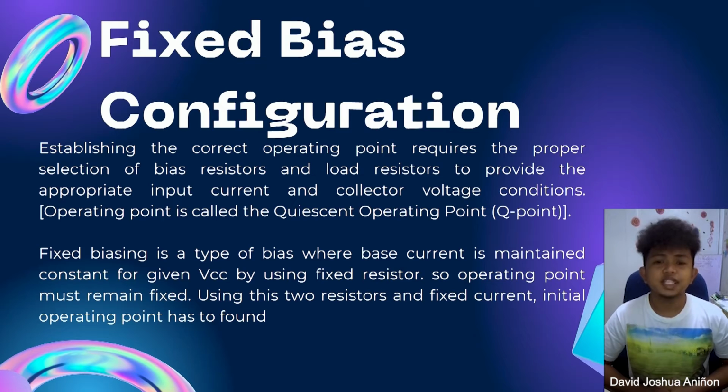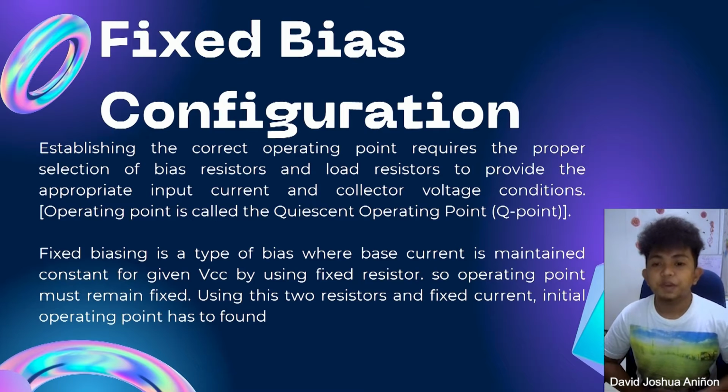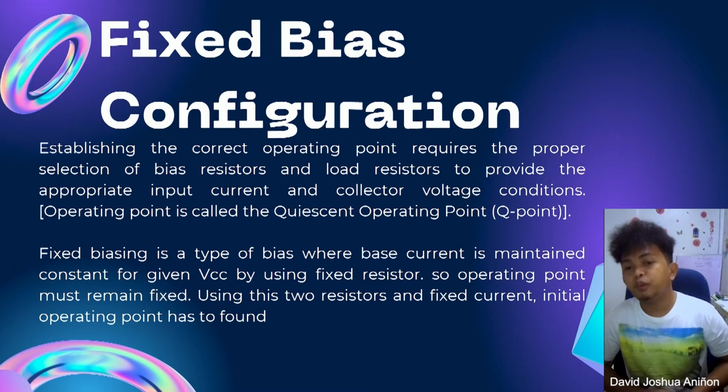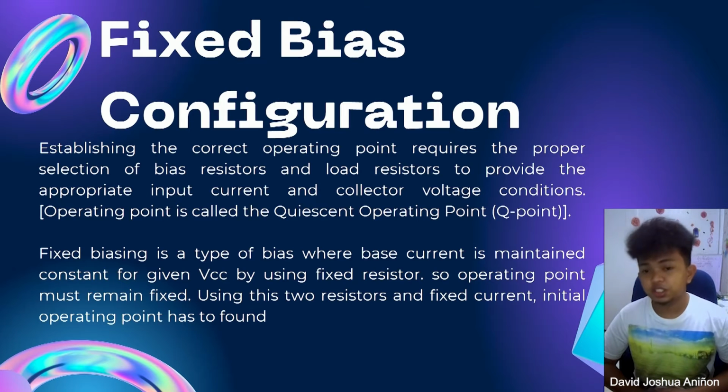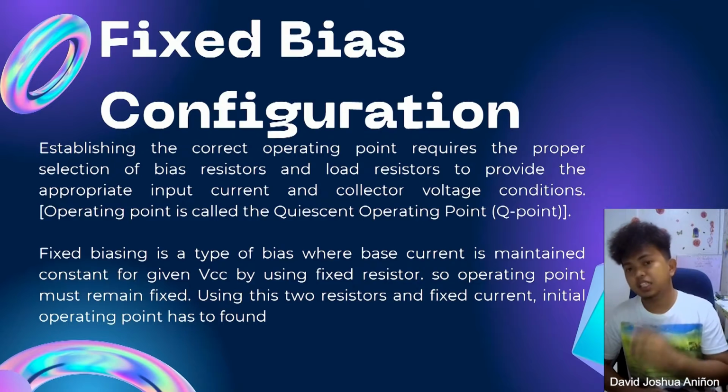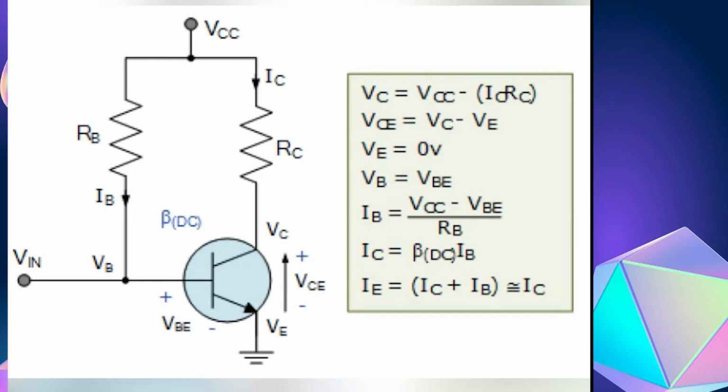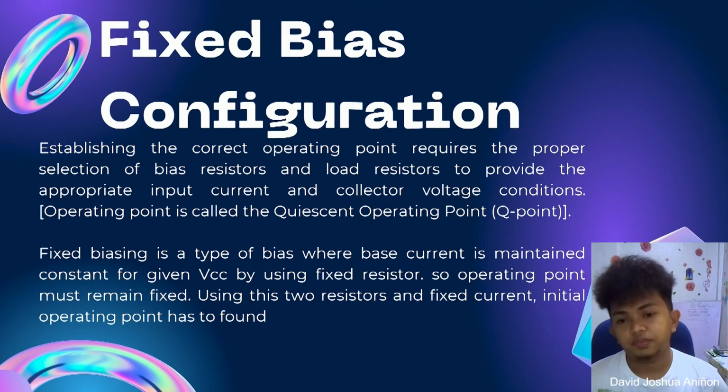So fixed biasing is the type of bias where the base current is maintained constant for a given VCC by using a fixed resistor, so the operating point must remain fixed. Using these two resistors and a fixed current, the initial operating point can be found.